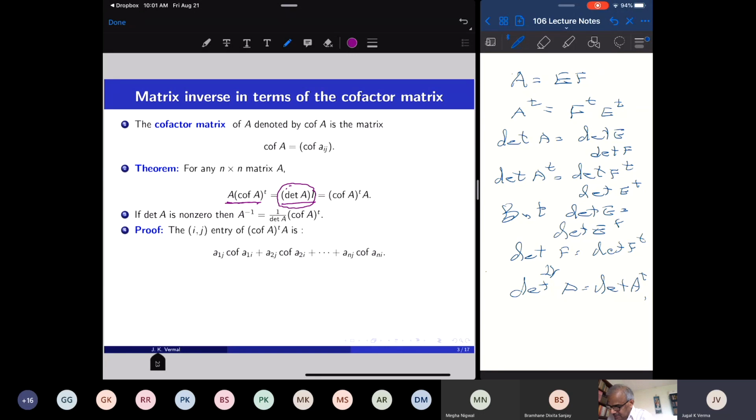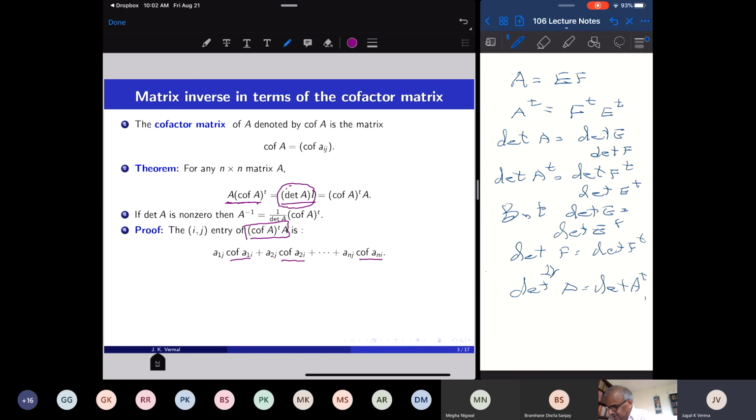How do we get the ijth entry of the product of these two matrices? We take the ith row of the transpose of the cofactor matrix times the jth column of A. The ith row of the transpose of the cofactor matrix is the same as the ith column of the cofactor matrix, which consists of the cofactor of A1i, the cofactor of A2i, up to the cofactor of Ani.